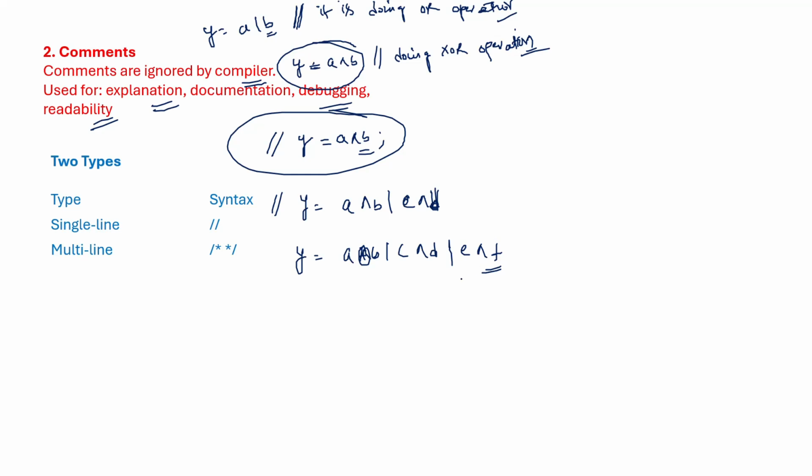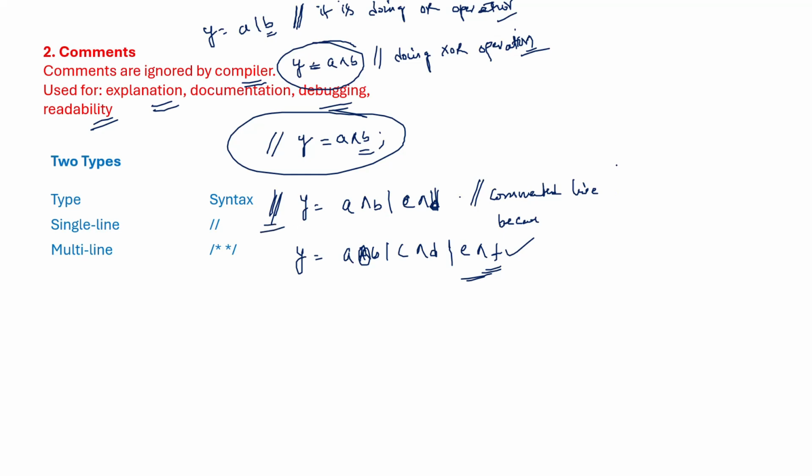I want to add these two operations also. At that time, I'm commenting the upward line, commented because I want to implement some new operation.